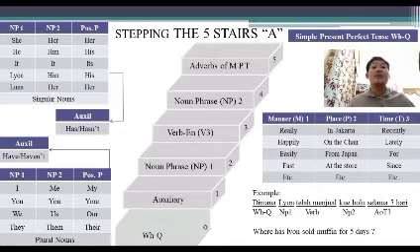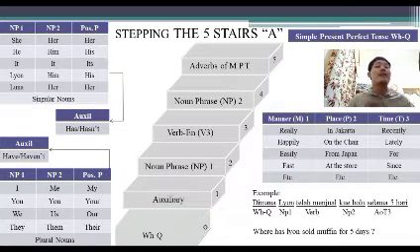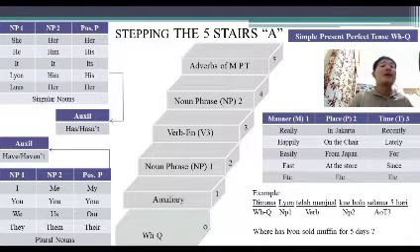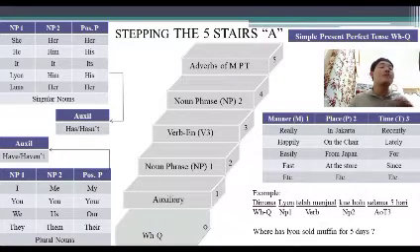Now continue to simple present perfect tense WHQ. Now the difference is that we put the WHQ first, before the auxiliary. The auxiliary is the same, and as you can see, the question that I choose for WHQ is di mana, which is where.